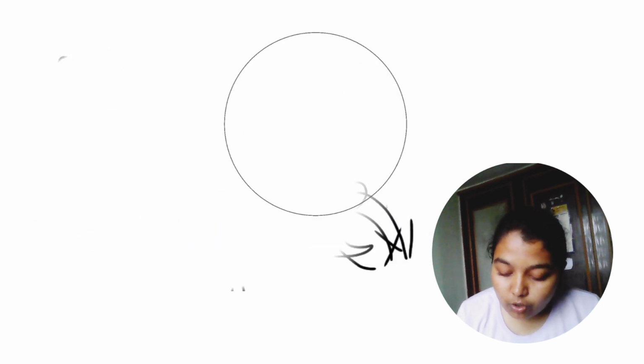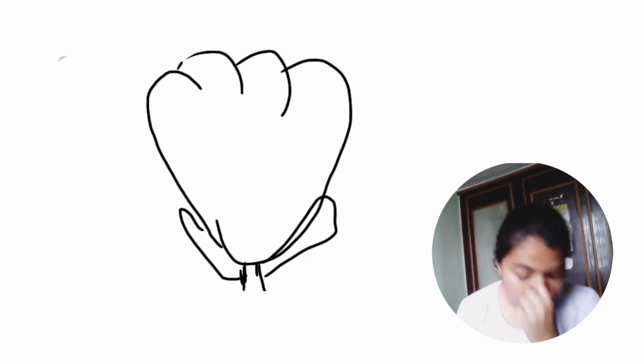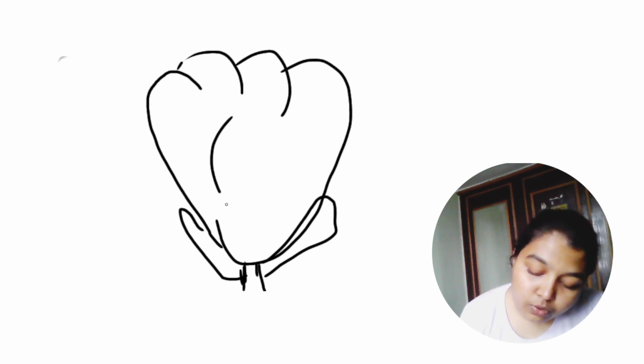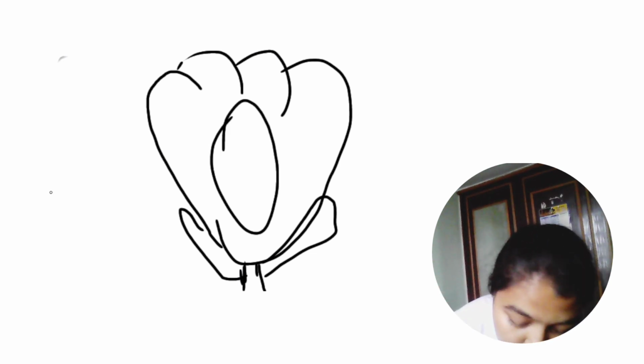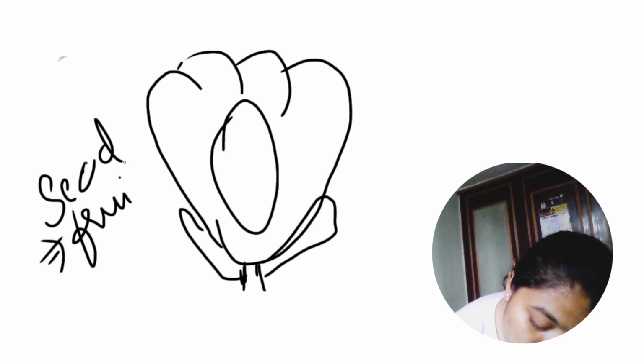After it falls off, it will look somewhere like this. So this is the stalk. Except the sepals and stalk, everything falls off. So there's a seed, and after the seed, it turns into a fruit.